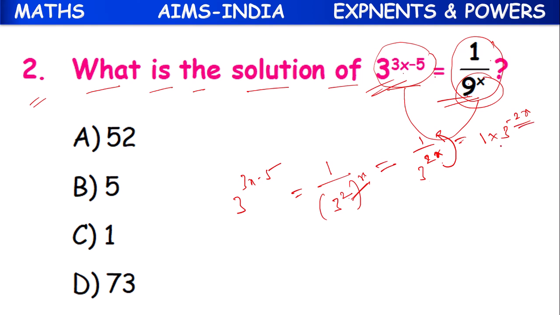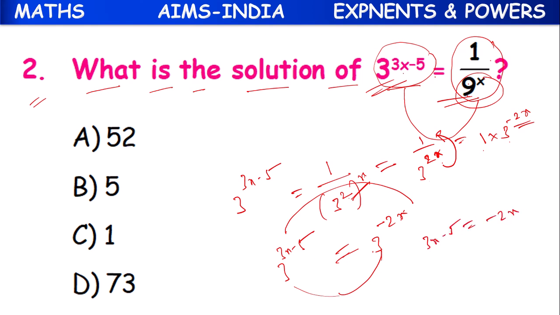On the left hand side we have 3 power 3x minus 5 equals 3 power minus 2x. So here the bases are equal, so the exponents will also become equal.